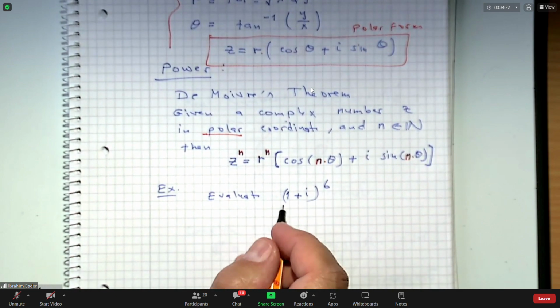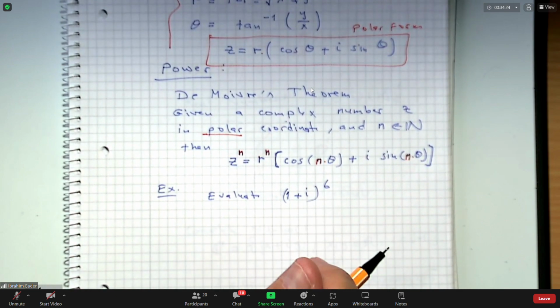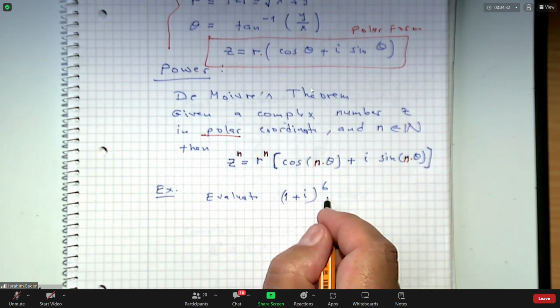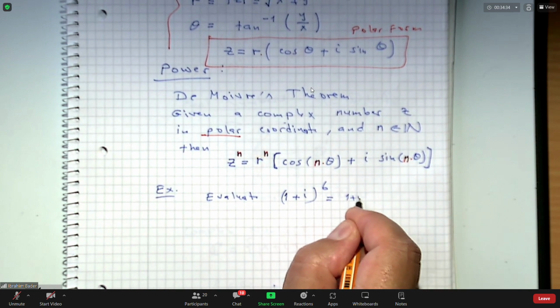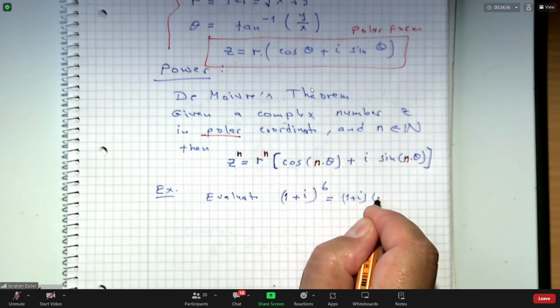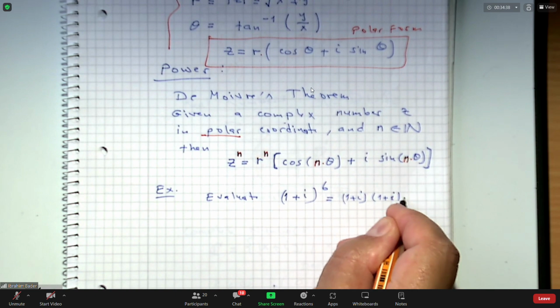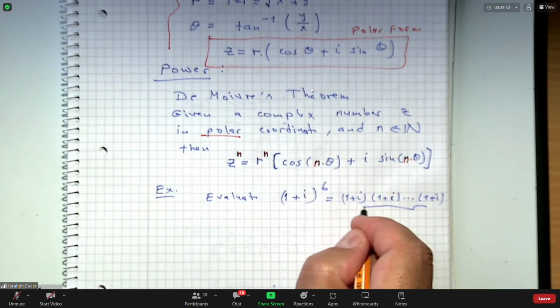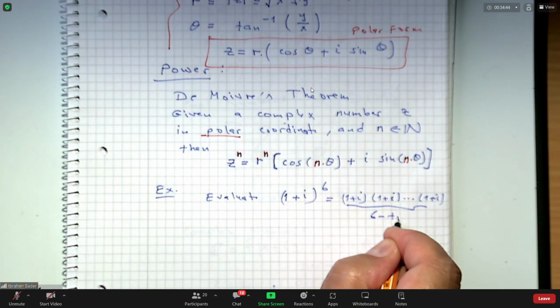Of course, I think one of the questions in the worksheet is that you can evaluate this as repetitive multiplication, right? So this means it's 1 plus i multiplied by itself 6 times.